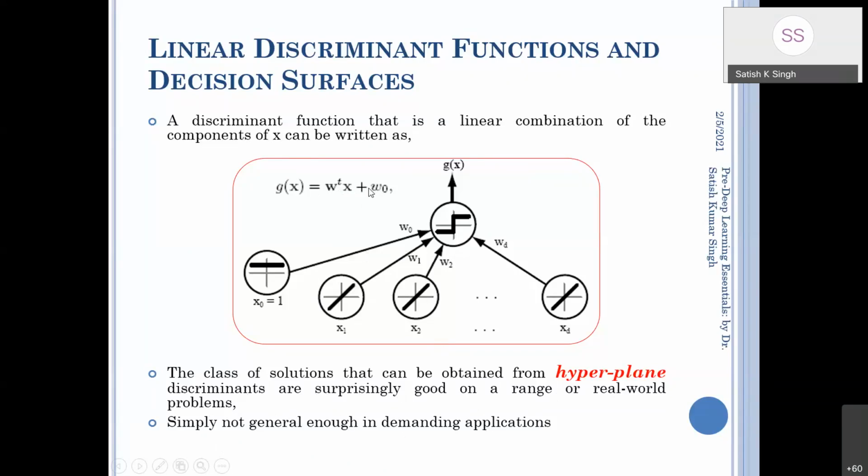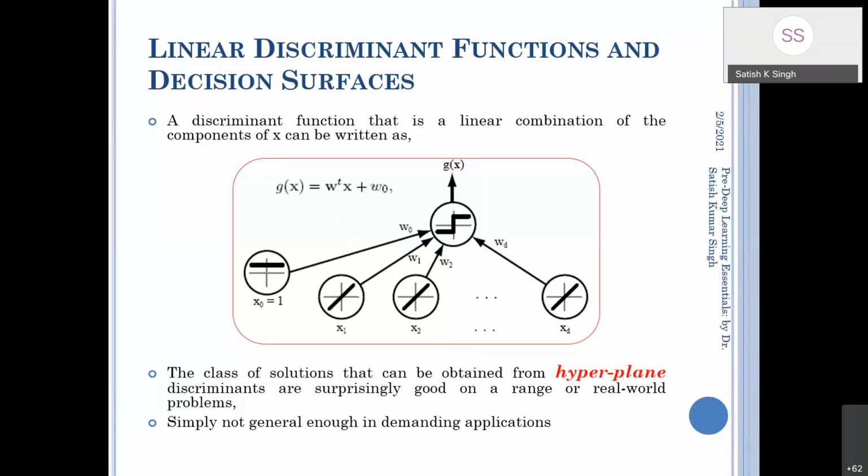For simpler problems, this equation may serve the purpose, meaning linear discriminant functions may suffice. But if we consider complex problems, then obviously this kind of representation or solution may not be adequate, basically.